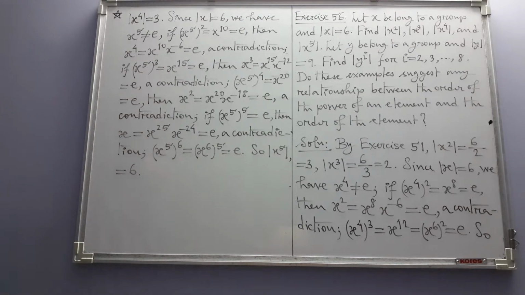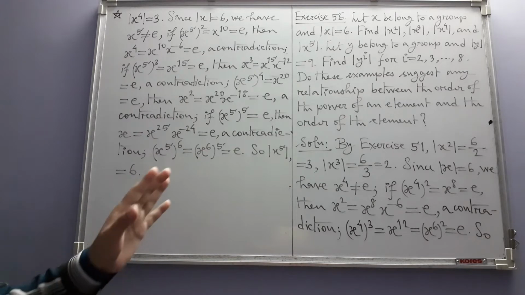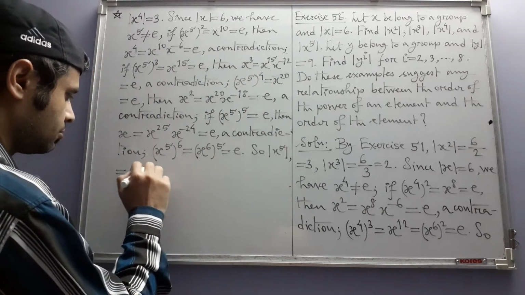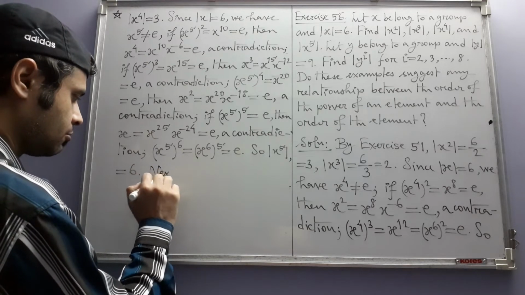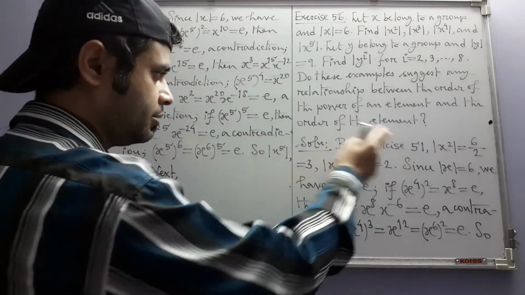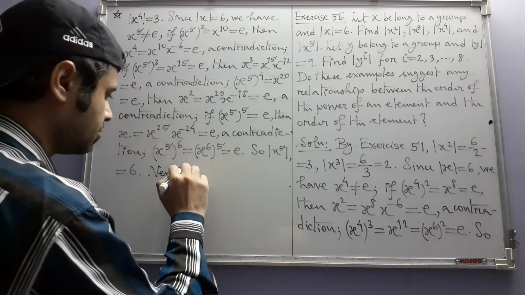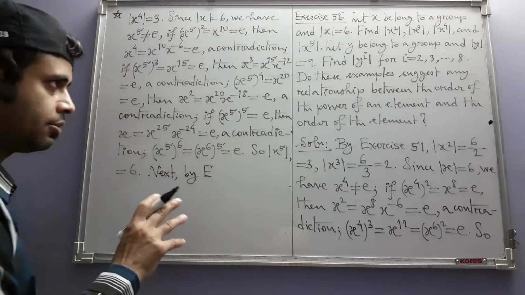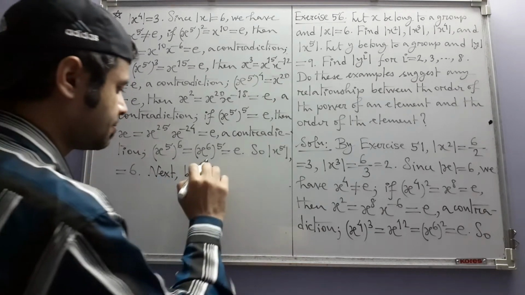Now we have to find the orders of these powers of y. Next, one of them of course can be found like this using exercise 51. But unfortunately that is only one case.